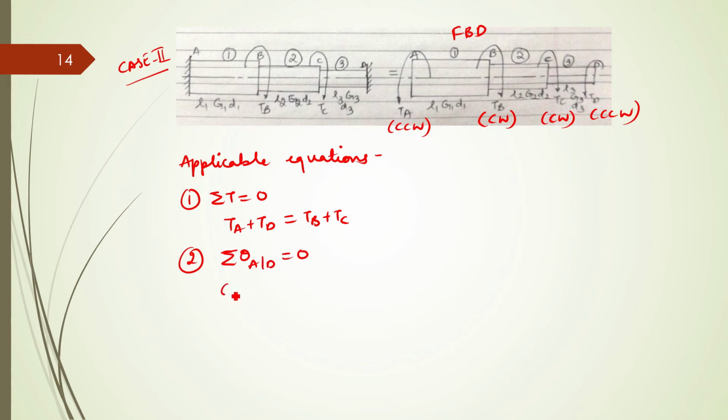So this will be theta A to B plus theta B to C plus theta C to D is equal to 0. That is the angular displacement for individual shafts. So when I am standing at end A for this portion AB, when I am calculating here, this will be directly TA L1 upon G1 J1.